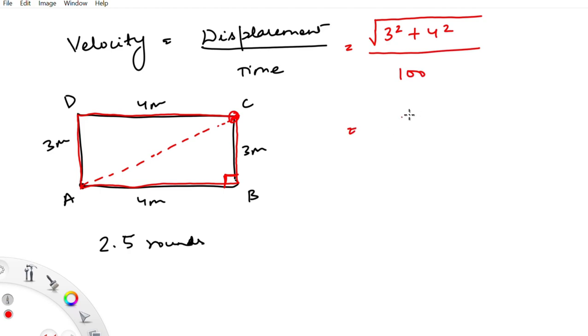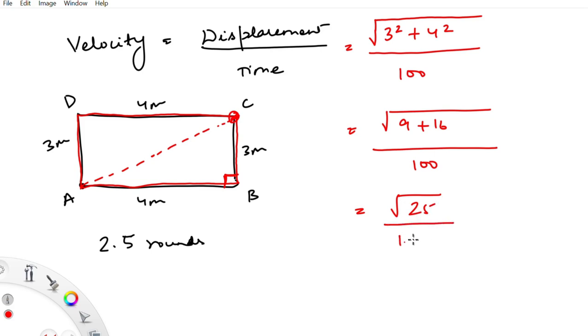So this is 9 plus 16, and you have 100 in the denominator, so this is root 25 upon 100, so root 25 is 5, and the velocity of this athlete consequently becomes 0.05 meters per second. Cool? I think we are good to go.